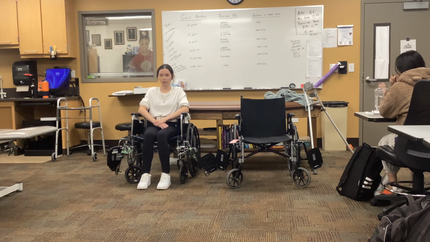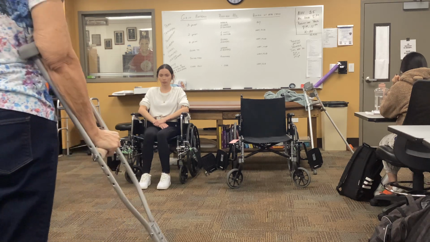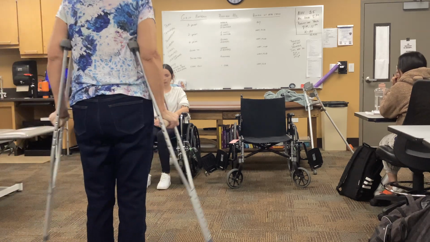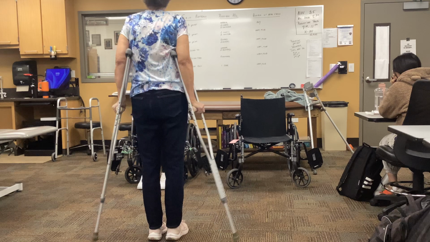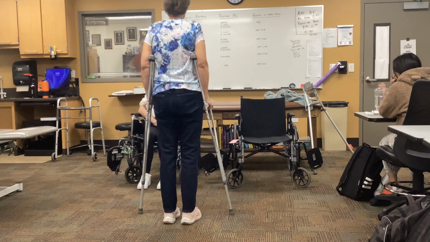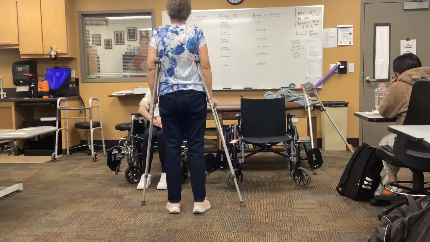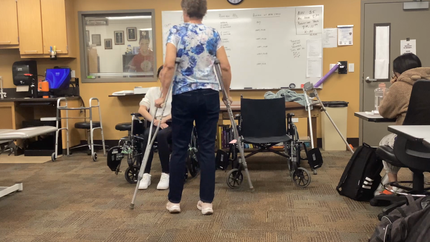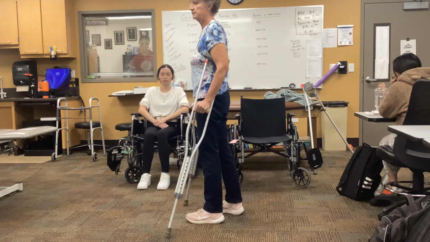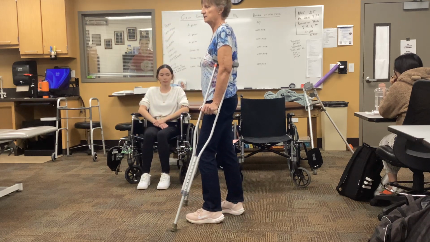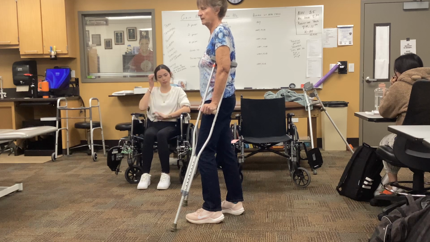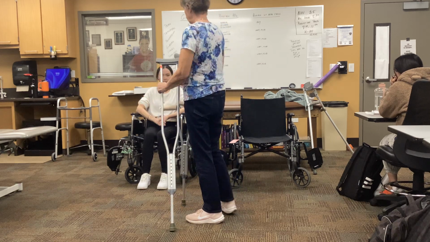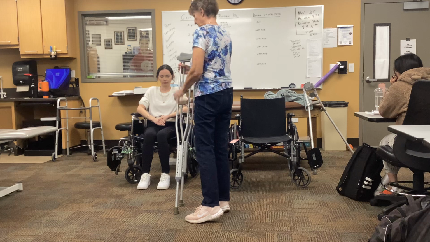So it's crutches and swing through the crutches. So you see how that can be a little bit more fluid as opposed to stop and start. And again, it depends on the patient's ability, balance, and strength. Okay. All right, so let's give that a try.